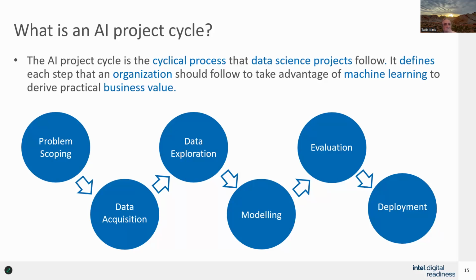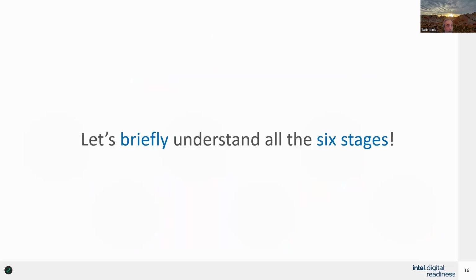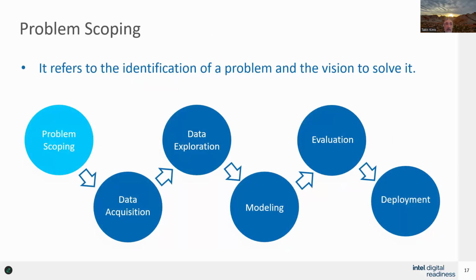And Agile does this continuously. I want you to think about that, right? But notice that this defines each step that an organization should follow to take advantage of machine learning to derive a practical value. We are going to go through each one of these little blurbs here, right?